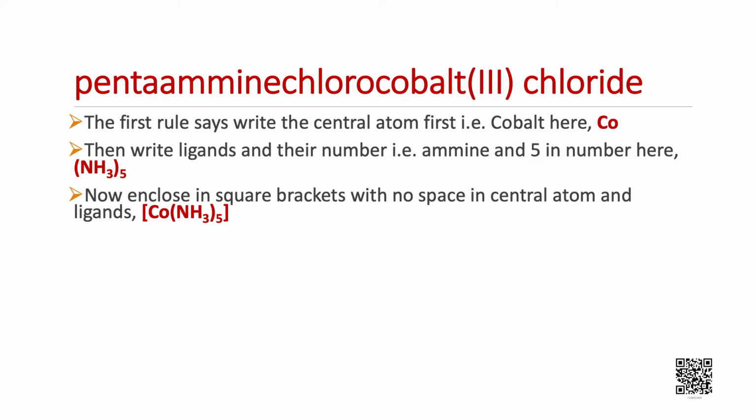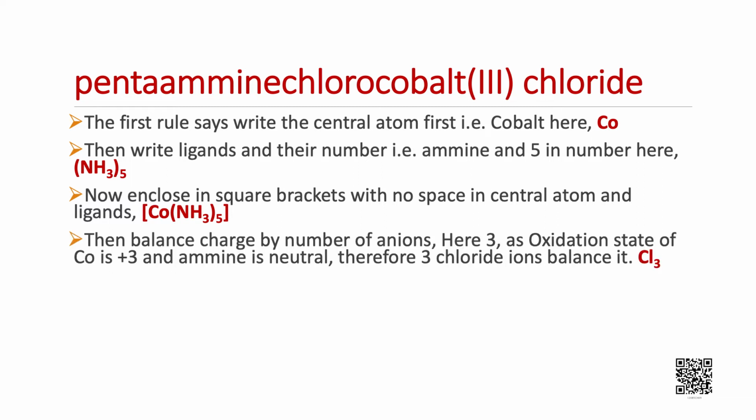Now enclose in square brackets with no space between the central atom and ligands. Then balance the charge by the number of anions here. 3, as the oxidation state of cobalt is +3, and ammine being a neutral ligand, therefore 3 chloride ions balance it. Hence the formula for the given complex is [Co(NH3)5Cl]Cl2.